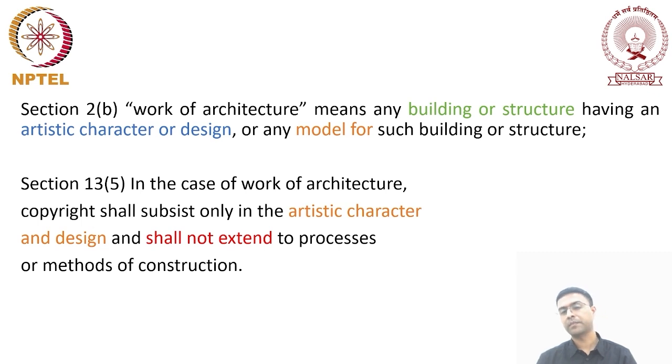Section 13 is a provision that explains the works in which copyright subsists and certain considerations with relation to such works. One such consideration is under 13(5), where it says, in the case of work of architecture, copyright shall subsist only in the artistic character and design and shall not extend to processes or methods of construction.